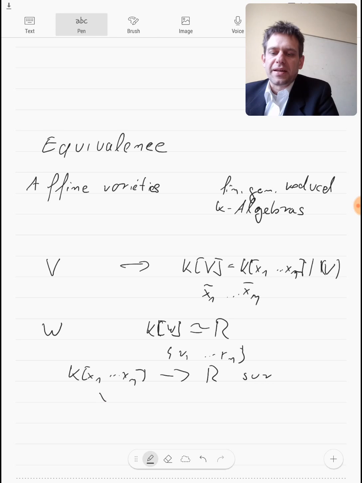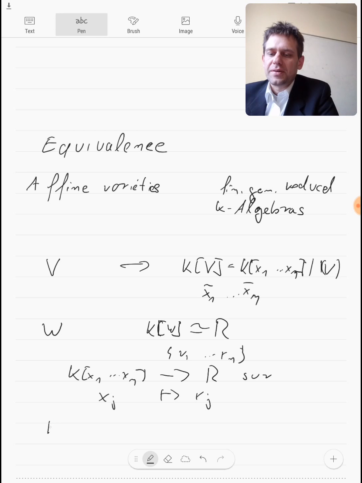Namely, we just send xj to rj. Well, this is surjective, but it's obviously not injective in general. So if we want an isomorphism, we need to mod out by the kernel.